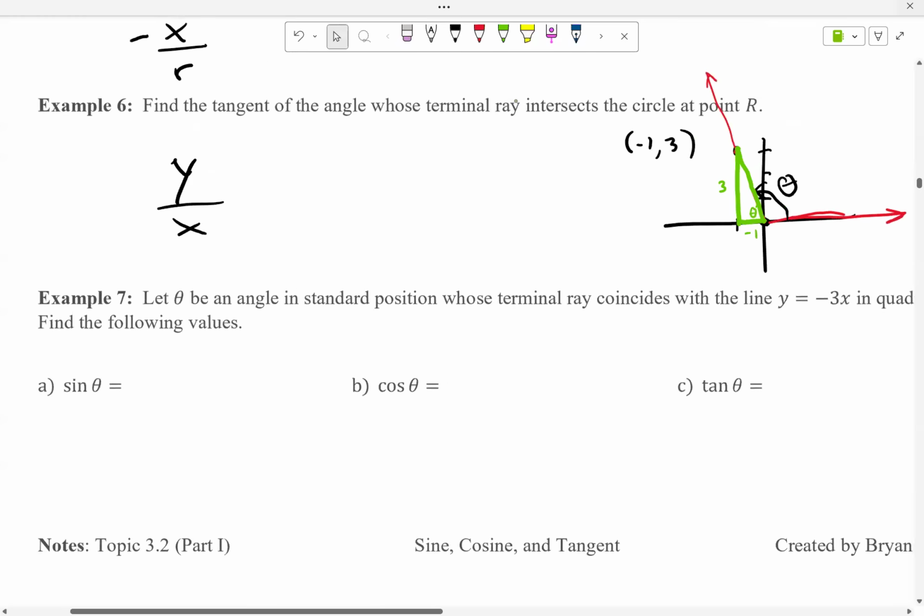Who would like to tell us what they did for sine theta? Yes, Simon. So we calculated the radius by doing the Pythagorean theorem, about √10. And then for sine, we know it's opposite over hypotenuse, so we have 3 over √10. Okay. Are we good with that, everybody? You never have to rationalize the denominator again, unless I ask you to.